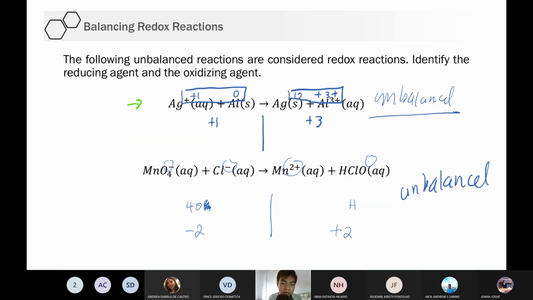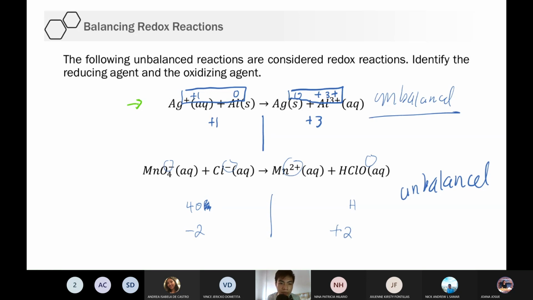Kapag may unbalanced equation, you have to balance them because we still follow the law of conservation of matter. Okay? That means that energy or matter cannot be created nor destroyed. Sabihin, how much you have on the left side, electron man yan or atoms, it should be equal with the other side.